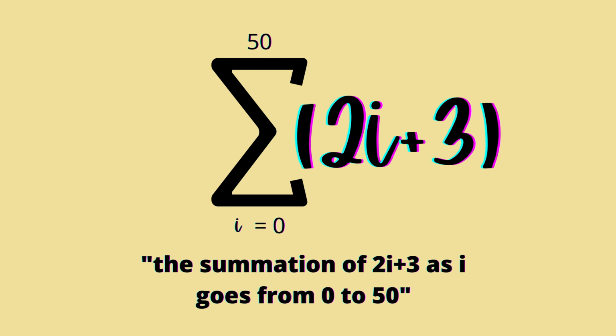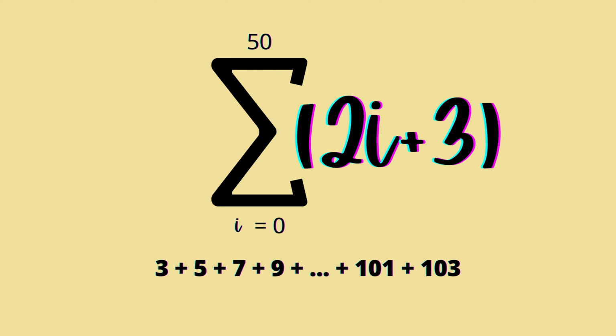Next, this is read as, the summation of 2i plus 3, as i goes from 0 to 50. The series, when we substitute i with 0 to 50, would be 3 plus 5 plus 7 plus 9, and so on, plus 101 plus 103, which is the last term.